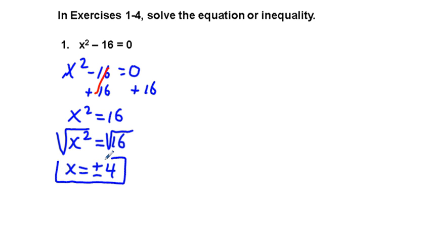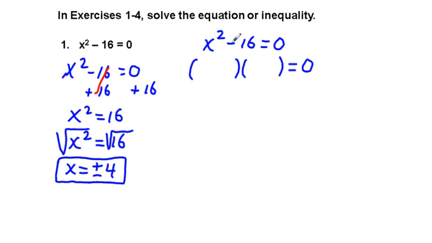I want to alternatively show you another way of solving this equation, which is by factoring, and that might help some of you down the road. Now, we can rewrite this quadratic binomial x squared minus 16 as a product of two linear binomial factors. This is called using a difference of squares method.